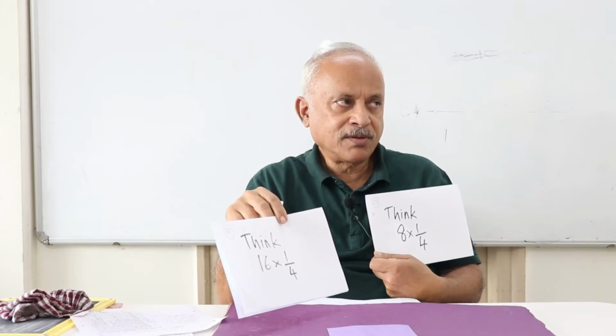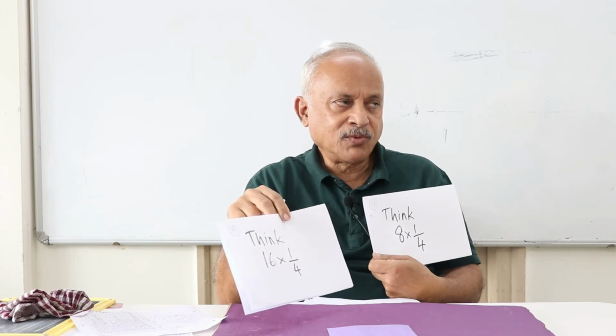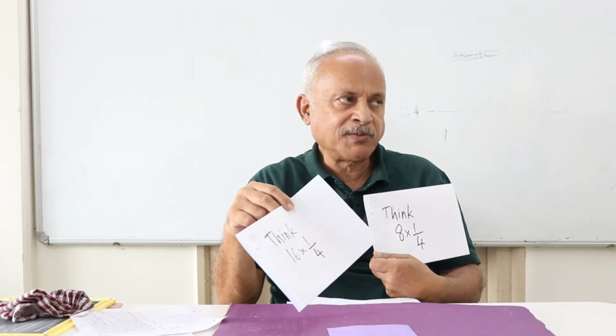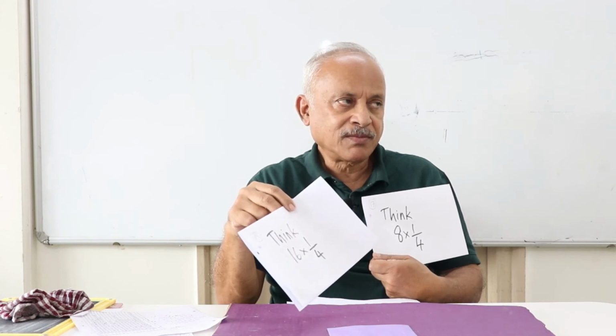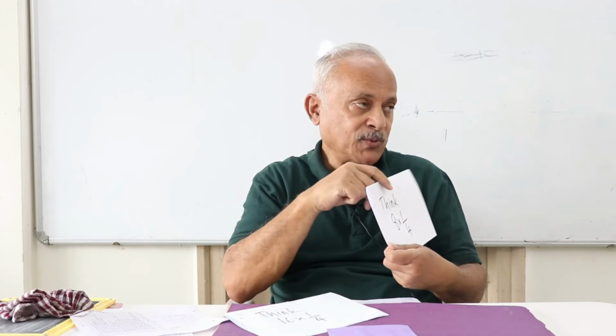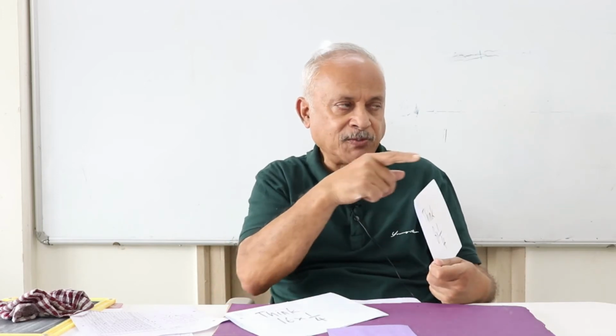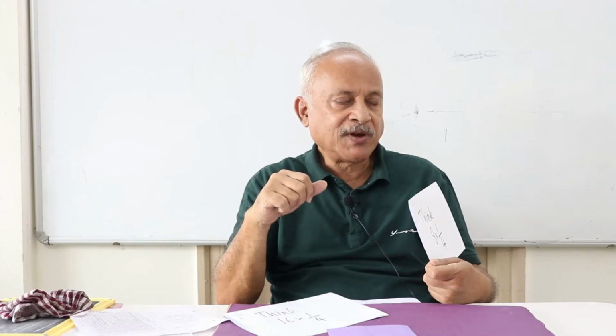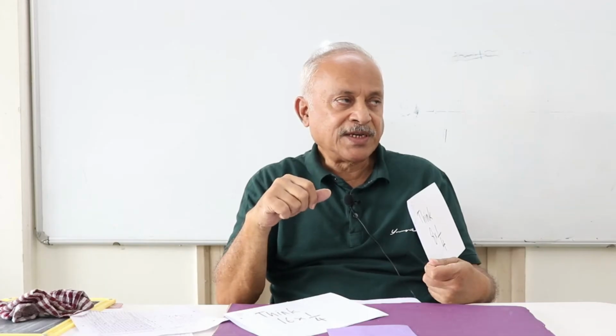You see a rule? You have seen the rule because you are answering the questions correctly. So 4 times 1 by 4 is 1. 8 times 1 by 4 is 2. 12 times 1 by 4 is 3. 16 times 1 by 4 is 4.